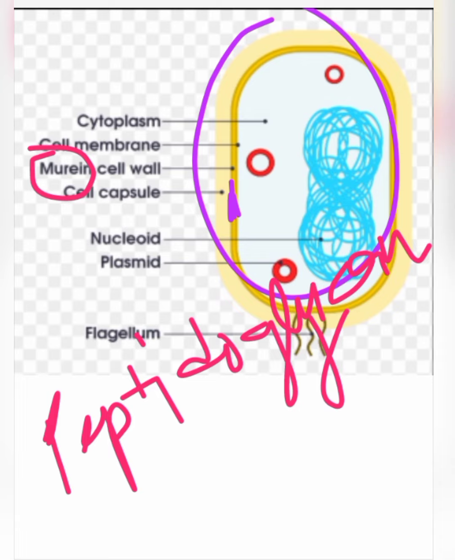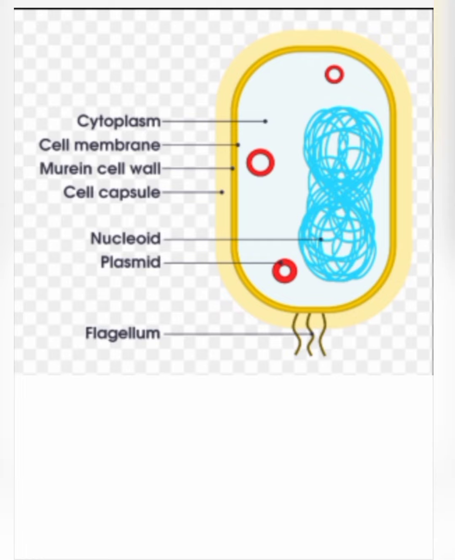Now that you know what the cell wall is, you know this murein cell wall and the cell capsule. Inner to that, this light blue colored fluid kind of structure is the cytoplasm. It is the place where all the organelles and everything lies.